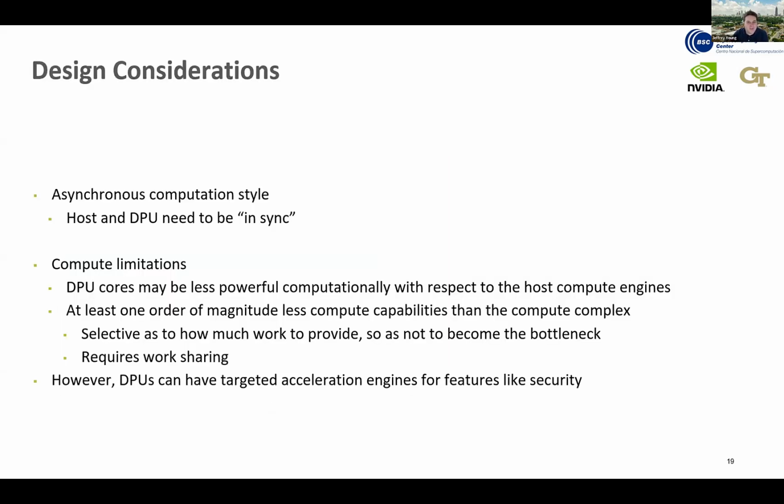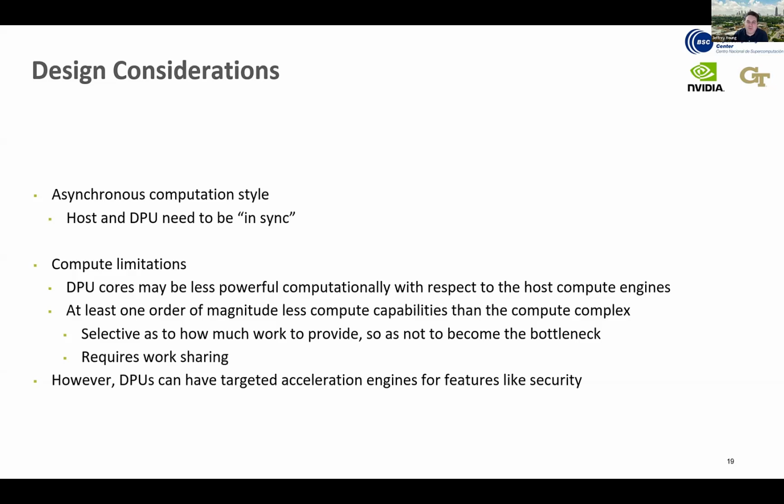So what are the caveats and what are the benefits? The caveats are that, as I mentioned, the host and the DPU are separate devices, and they're typically connected by PCI Express. So you have this asynchronous communication and computation style. You need to think about how you are moving data between these two devices.